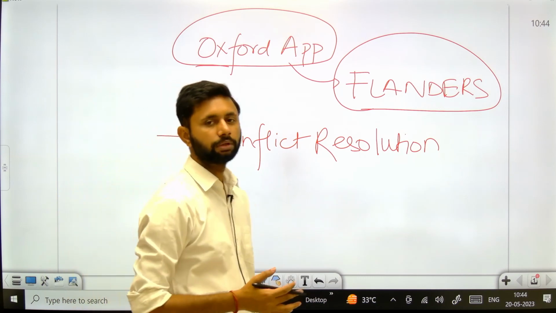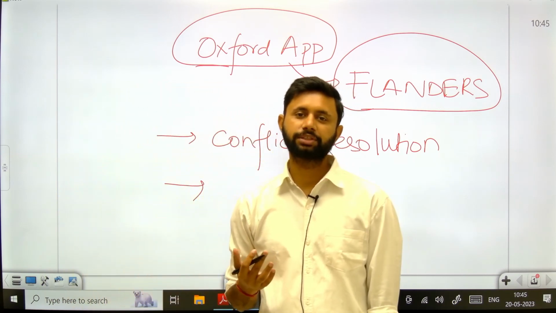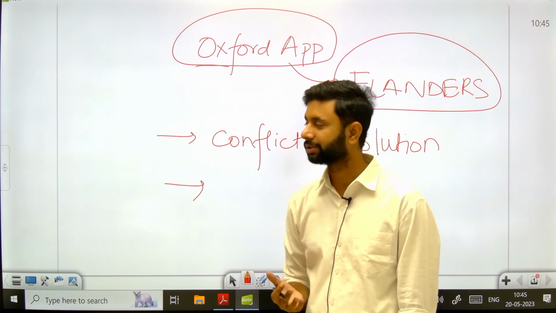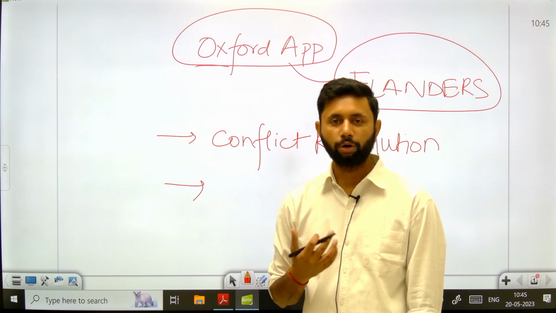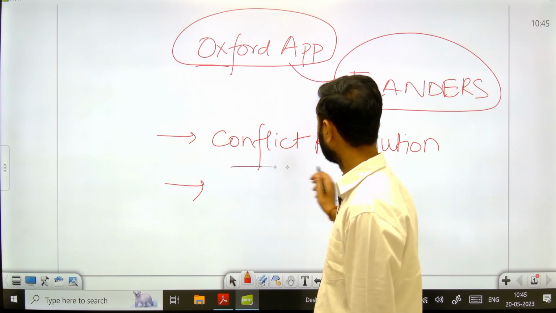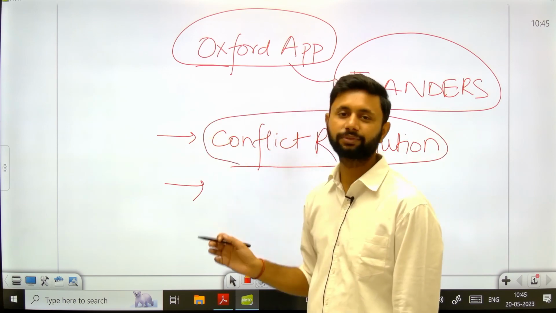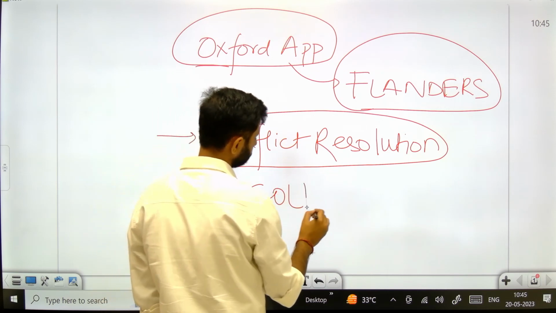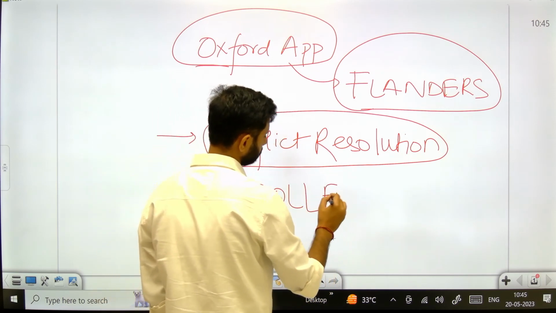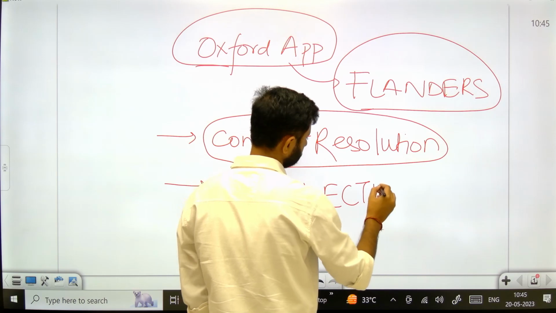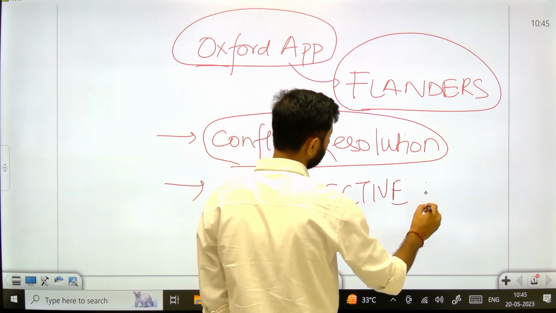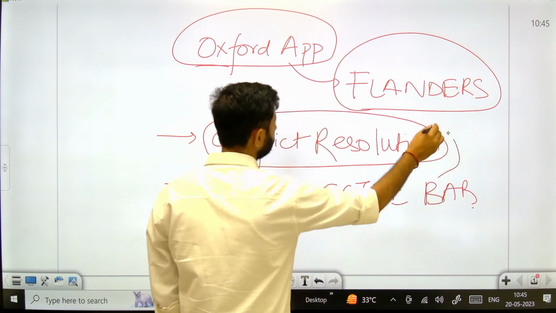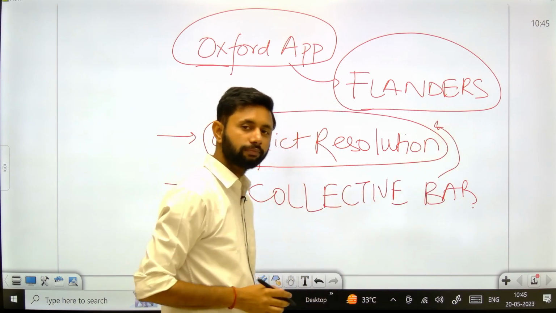It talks about how the relationship between the stakeholders, that is employees and employers, will be dependent upon how well they can resolve their conflicts. That's why this approach focuses upon collective bargaining as a methodology to resolve conflicts.